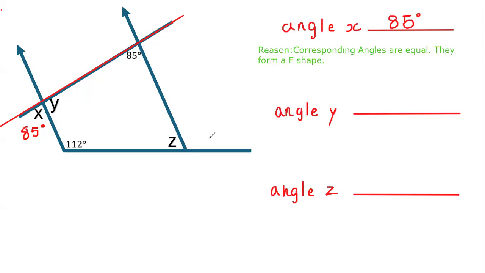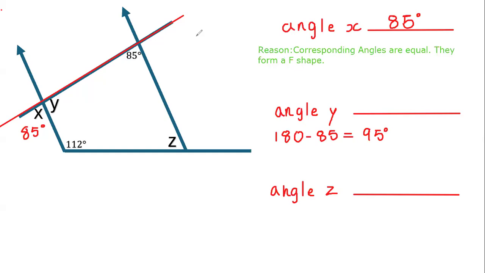What's the reason? 180 degrees, straight line. 180 degrees minus 85 degrees. 180 minus 85 is going to be equal to 95 degrees.